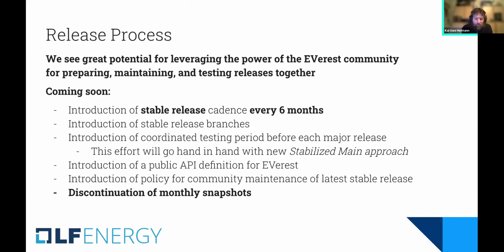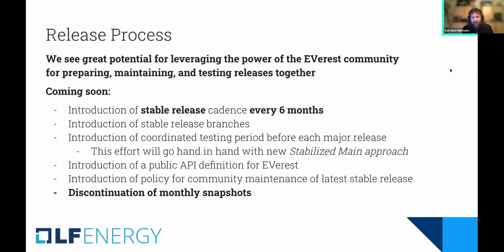So basically, we want to introduce a new stable release cadence of roughly every 6 months that corresponds with the introduction of some stable release branches where these stable releases can live on. There'll be a coordinated testing period before each of these stable releases with the community and select partners for making sure that the stable release is as stable as possible.